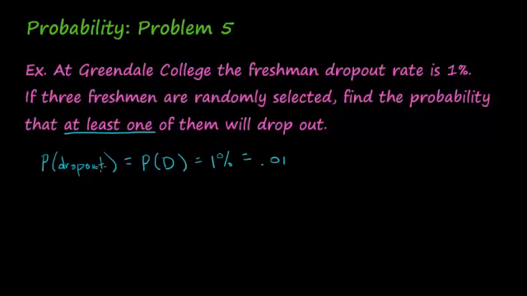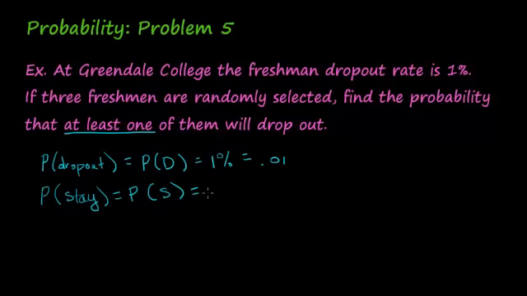Okay, so a freshman at Greendale College or any college either drops out or they don't, they stay. So those are complements of each other. So we need to consider the probability, what's the probability that a freshman would stay? And so I'm just going to call that the probability of S. Well, since these are complements and this is all of our sample space with regard to whether a freshman stays or drops out, those are the two choices.